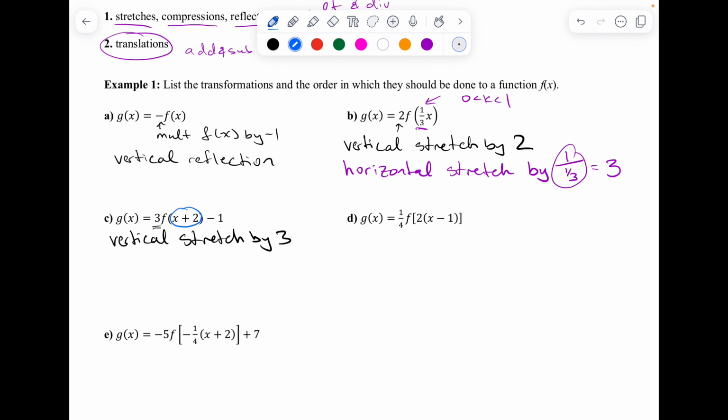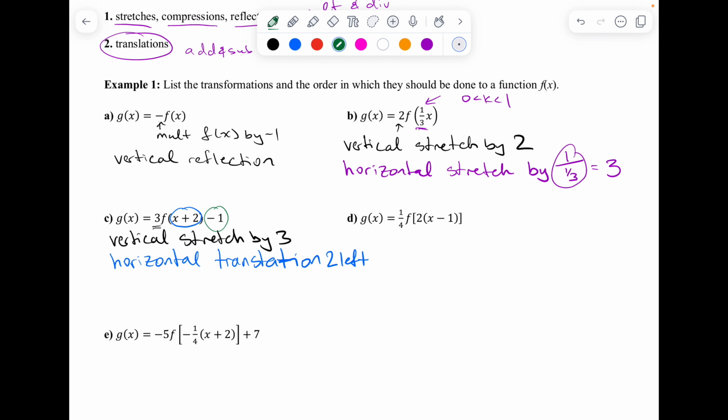So because it's to x, it's horizontal, right? And because we're adding 2, it's the opposite. So it's 2 to the left. So horizontal translation to the left. Okay, so with x's, it's opposite.